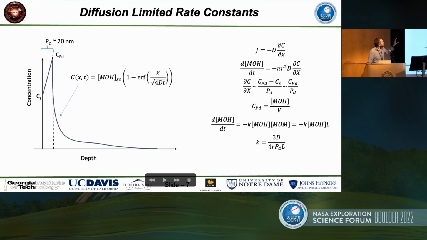Fick's first law, for those who don't remember, says the flux is proportional to the concentration gradient. I multiply that by the area, which tells me the rate of molecules going to the surface. I can approximate that slope by linear approximation, and then get a similar equation from rate kinetics, and finally get a rate constant, which allows me to solve those differential equations.